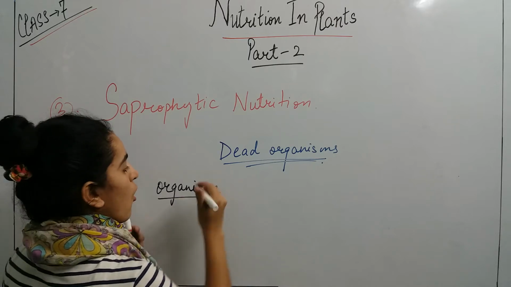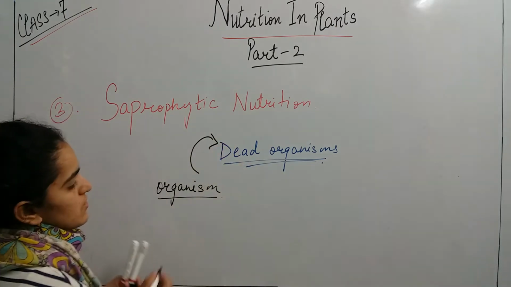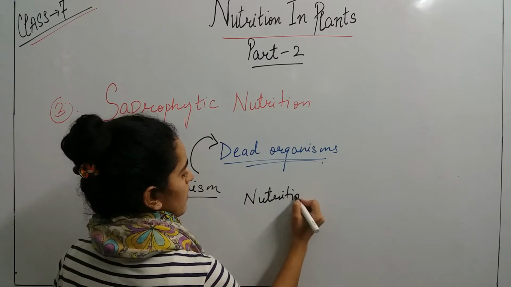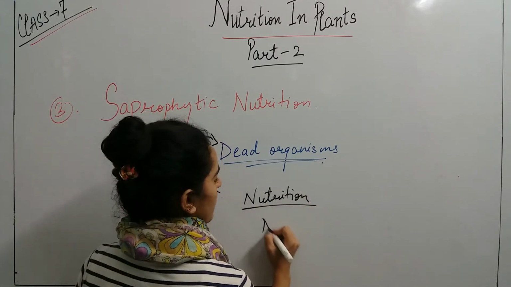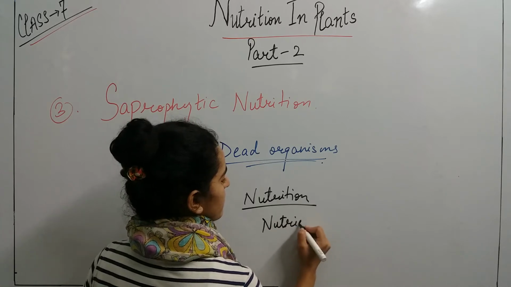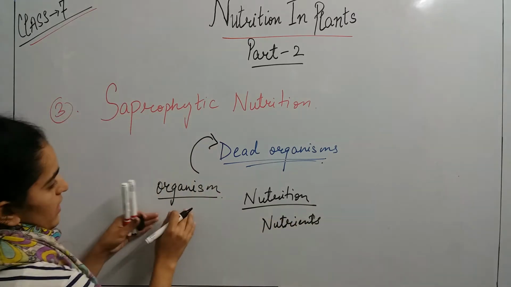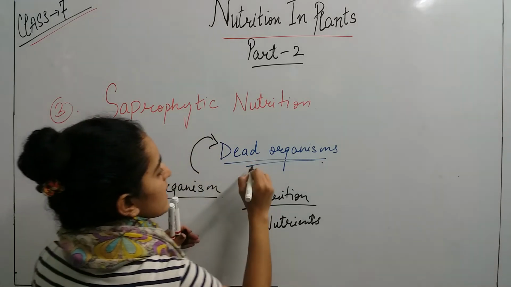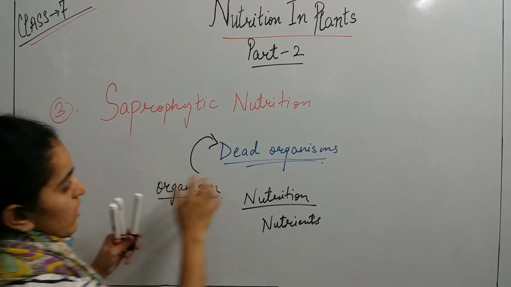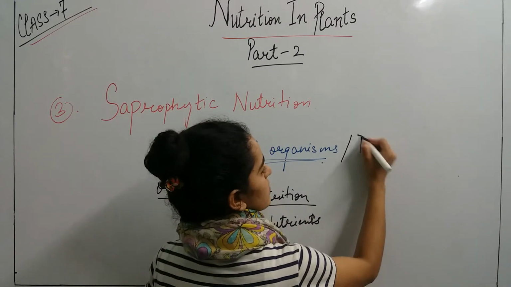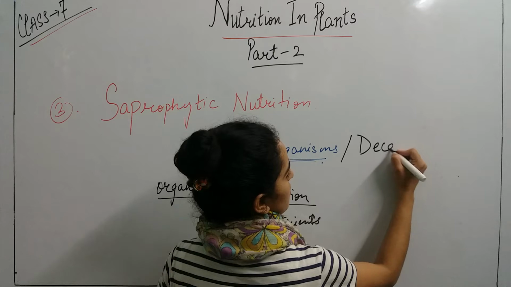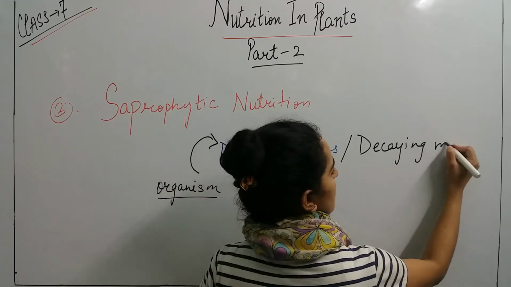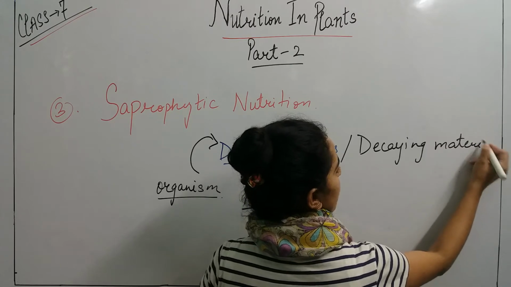It depends on dead organisms for its nutrition, अपने न्यूट्रिशन के लिए, अपने न्यूट्रिएंट्स के लिए. This organism, whoever it is, depends on the dead or decaying organisms, decaying material also.